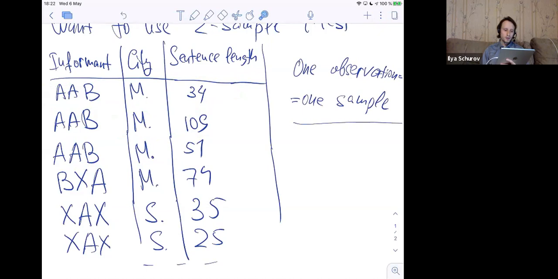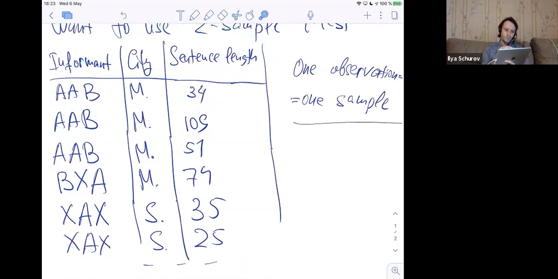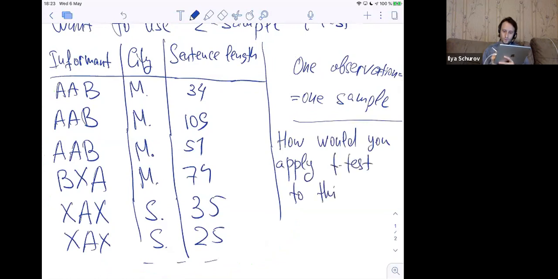Then basically, what will you do with your t-test? How will you apply two sample t-test to this kind of data? Note that when we apply a t-test, we have two series of numbers.